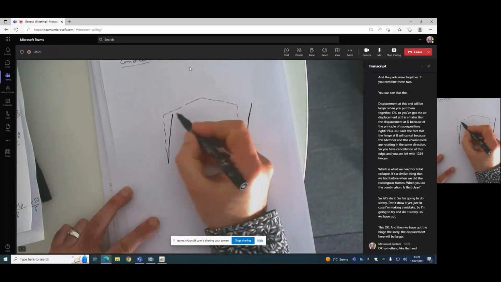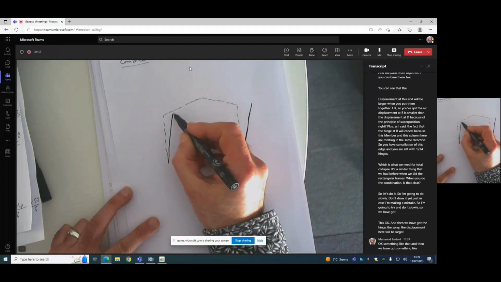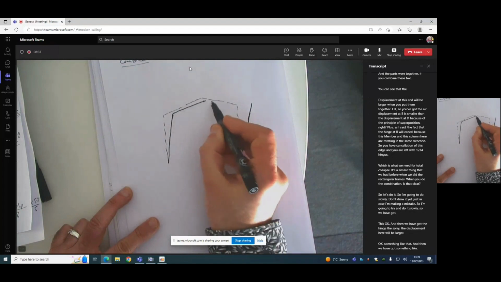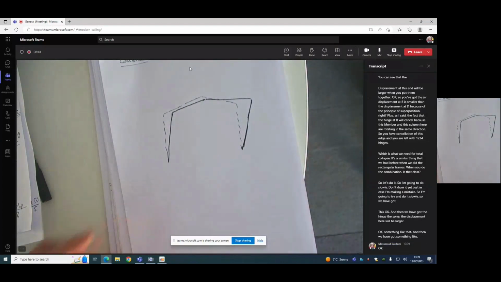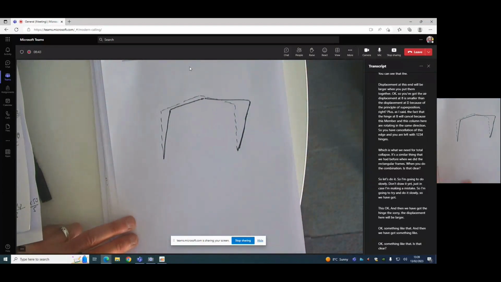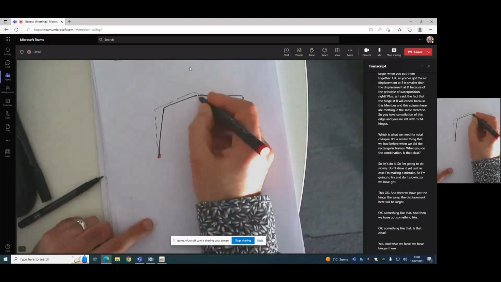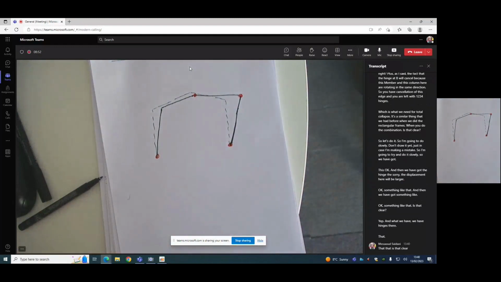And then we have got something like this. Is that clear? And we have hinges there, there, there, and there. And that's the 4 hinges that we need.